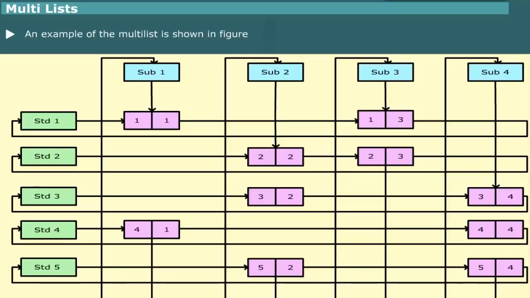It is assumed that each student can register in 2 courses. As shown, the first student is enrolled in the first and the third subject. Observe that a multi-list can be traversed to list students by a given subject or the subjects taken by a given student.